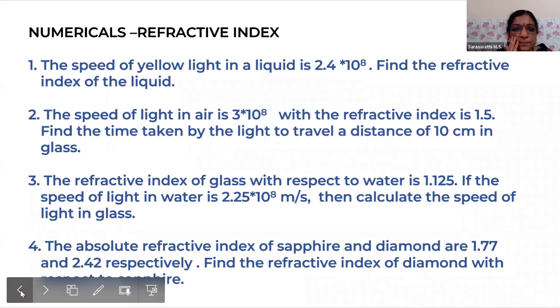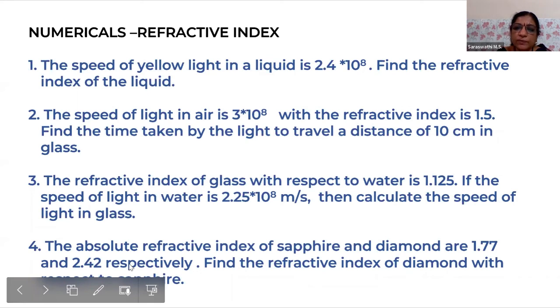How will you do this? Refractive index of glass with respect to water, and the speed of light in water is given. So glass with respect to water means speed of light in water divided by the speed of light in glass is equal to 1.125. Correct?